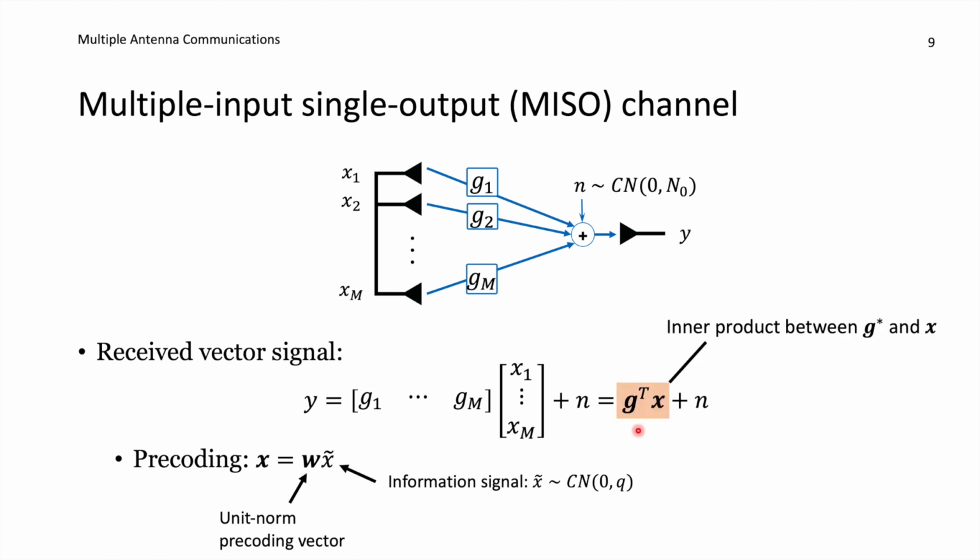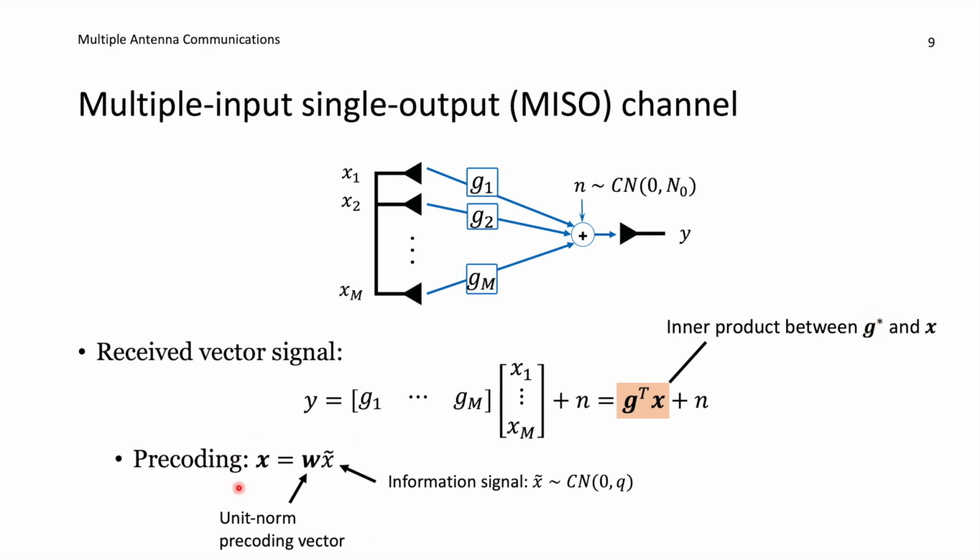And what you should notice here is that this is an inner product. However, it is not an inner product between x and g, because inner products contain the conjugate transpose here. Since there is no conjugate, this is actually an inner product between x and g conjugate, because the inner product will then take out this conjugation.